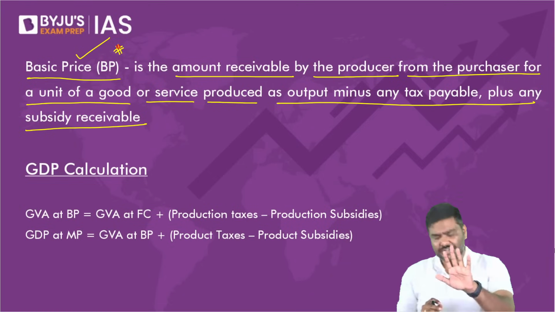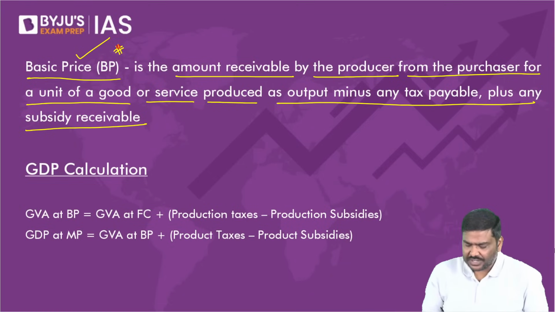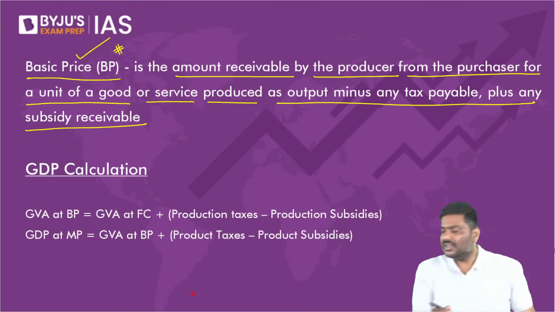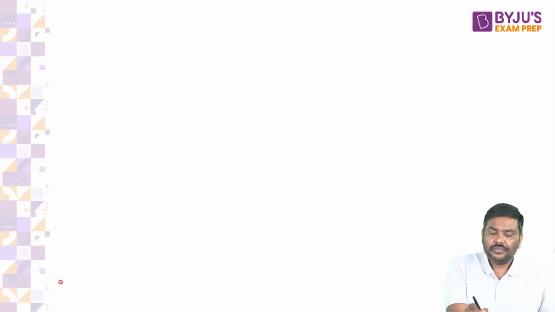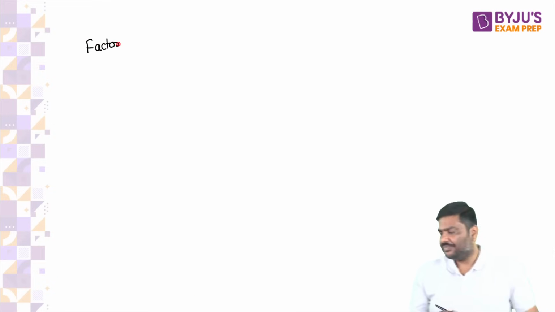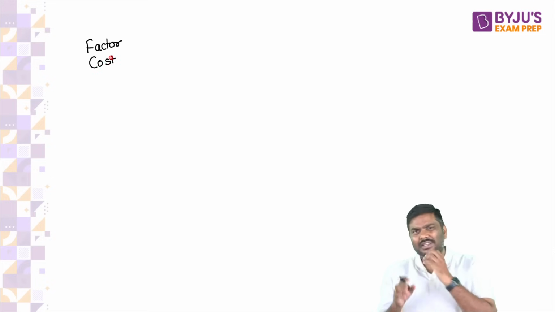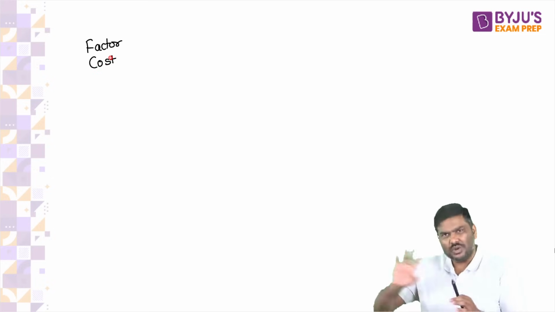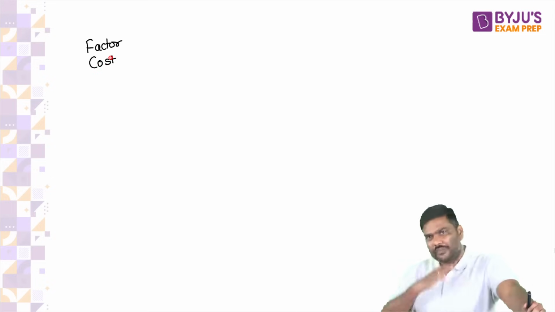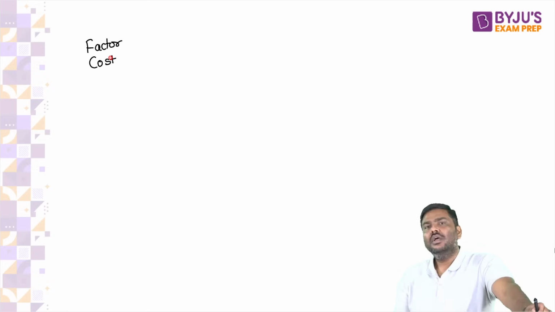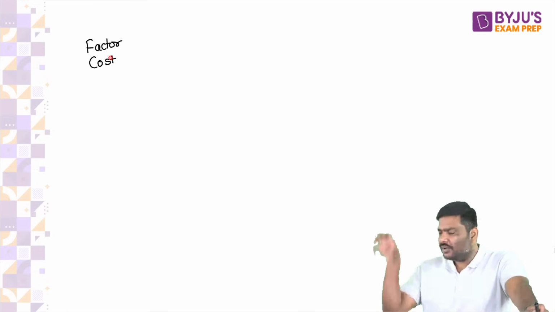Follow the discussion carefully. Generally, this is the kind of calculation they will use. We will start with the factor cost. Now, all of you know we need to calculate GDP through market prices. All of you will agree that when I say GDP, we are calculating using market prices.